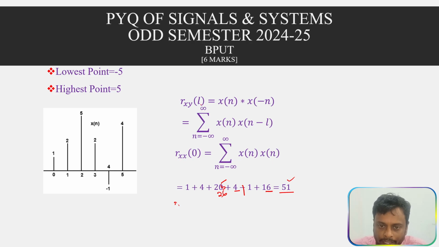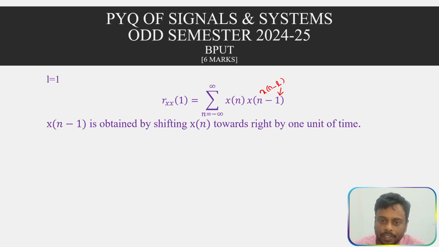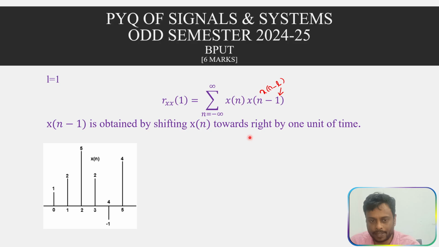Similarly, we can put L equal to minus 1 or L equal to 1. So first we have put L equal to 1. Okay. So L equal to 1 means this x of n minus L. So L is now 1. So x of n minus 1 can be obtained by shifting x of n towards the right by 1 unit in time. So this is our x of n. We can shift towards the right.